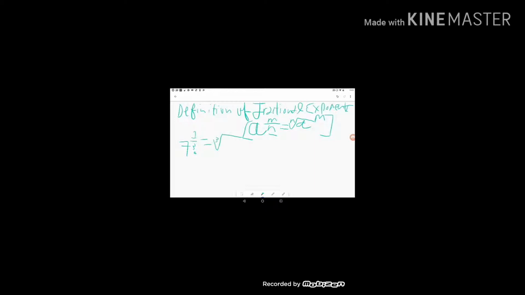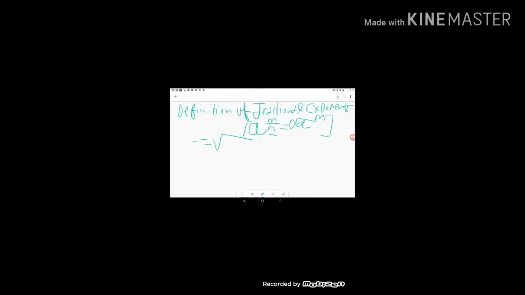Put a radical around it, then take your a, which in this case is 7, and raise it to your m power, which in this case is 1, but we don't really need to write it because, of course, anything to the 1 power is itself, and 7 is already itself. So we just leave it as the cube root of 7.